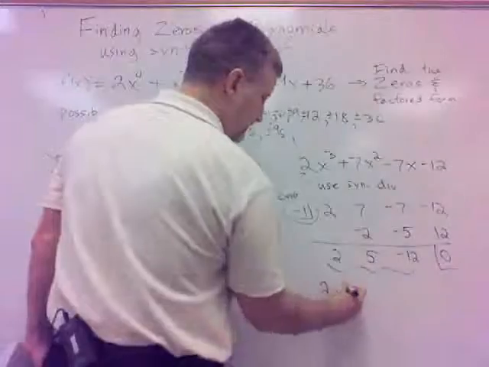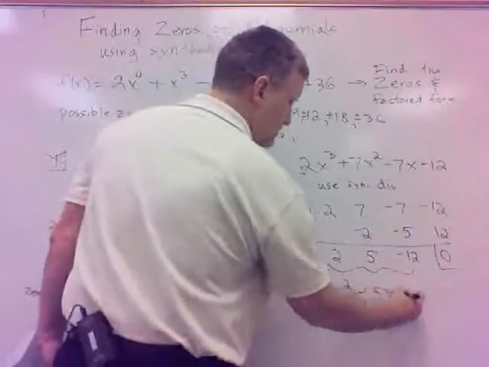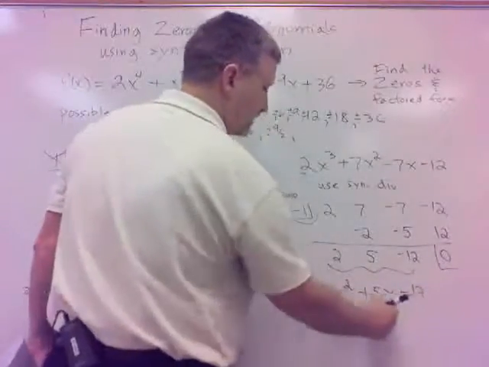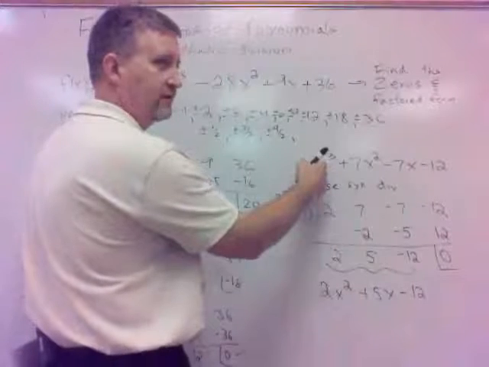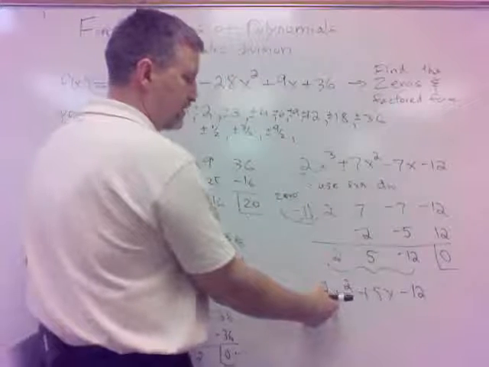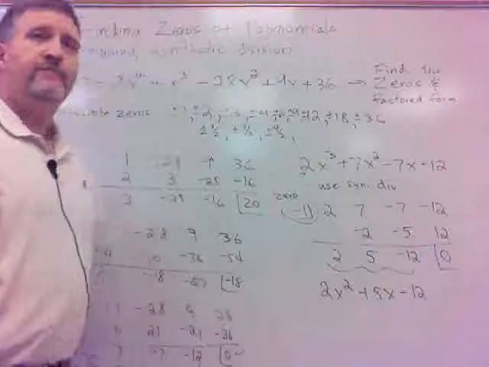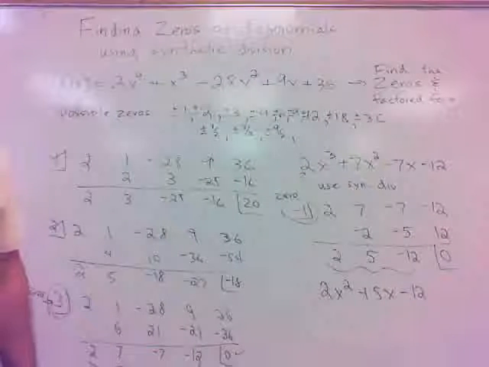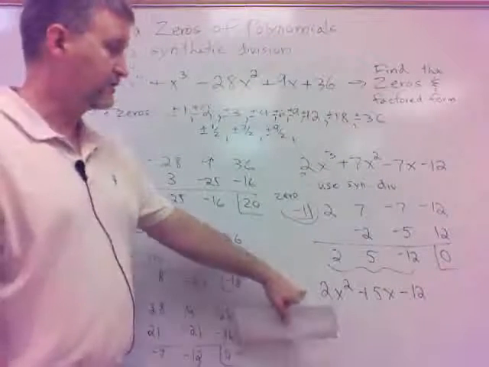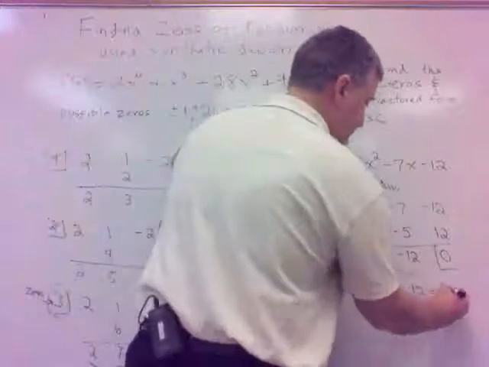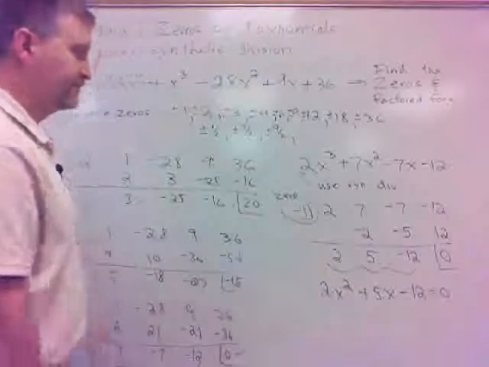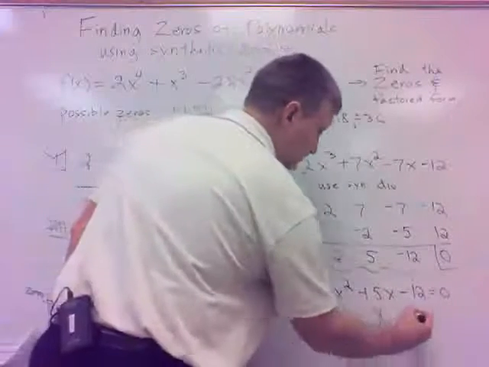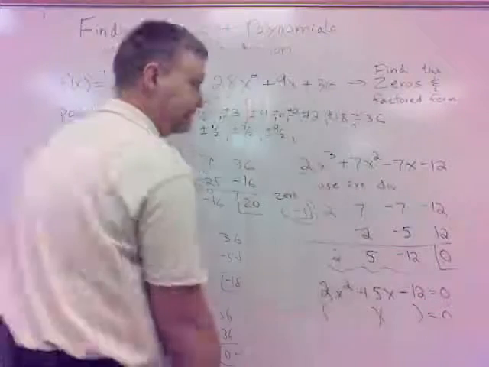Well, if I wanted to, this is now 2x squared plus 5x minus 12, because now this 2 goes with 1 less power. So I'm down to 2x squared. I could keep going with synthetic division, but since this is an x squared, I can now do my factoring. You can keep synthetic division going there if you wanted to.